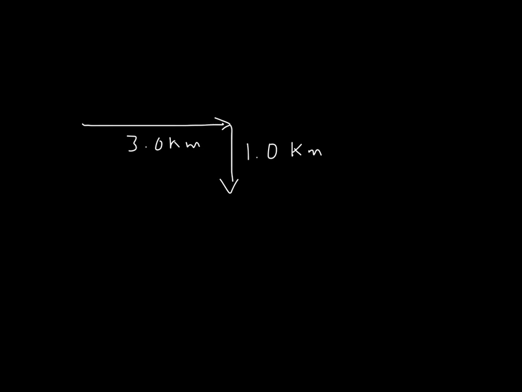Well, if we wanted to get to that person in the straightest path possible, how could we run through people's backyards to get here? So a reminder that we identified this direction as east and this direction as south. So when you solve for your final answer, I am looking for the vector's magnitude. So what is the displacement, how many kilometers, and at what angle relative to the directions given.